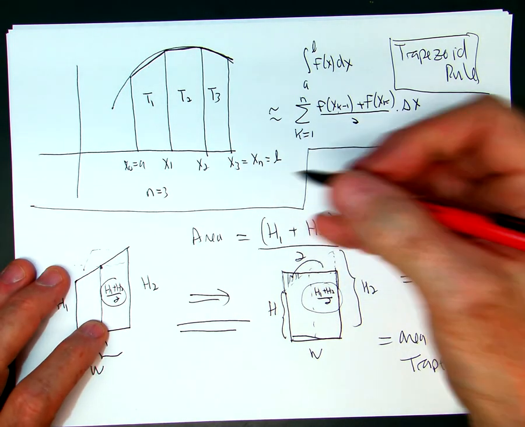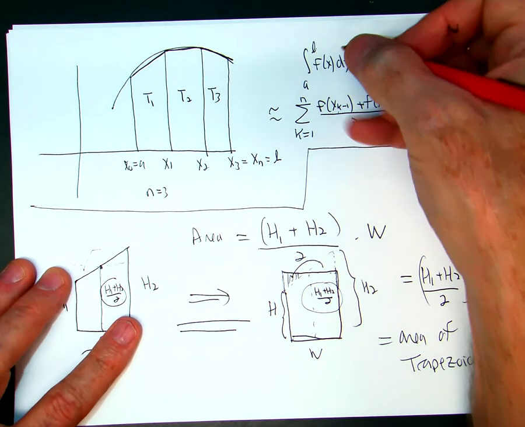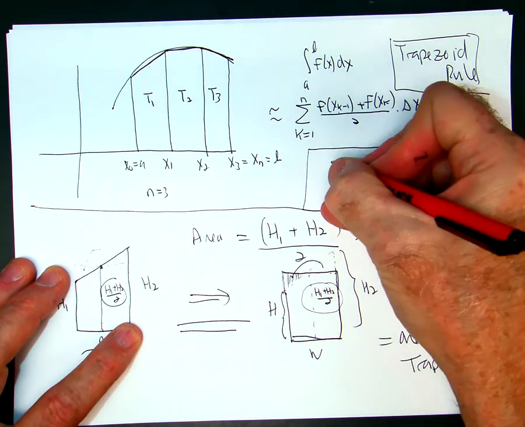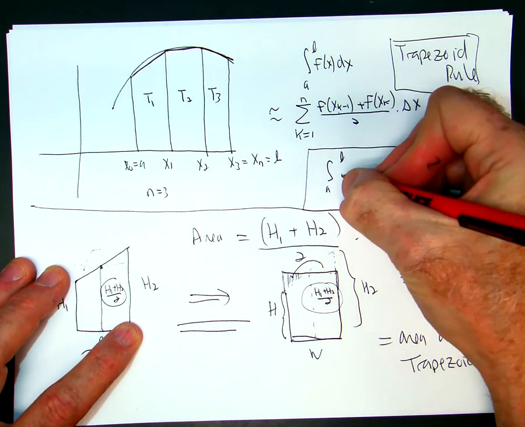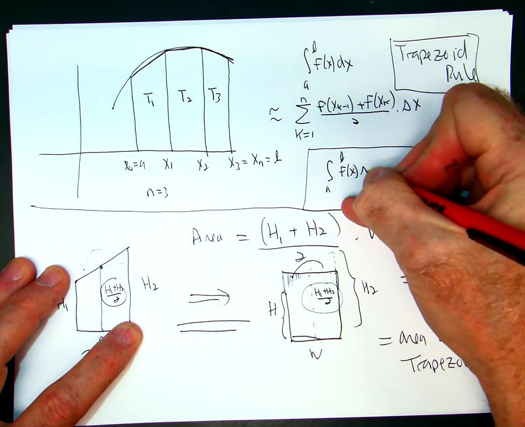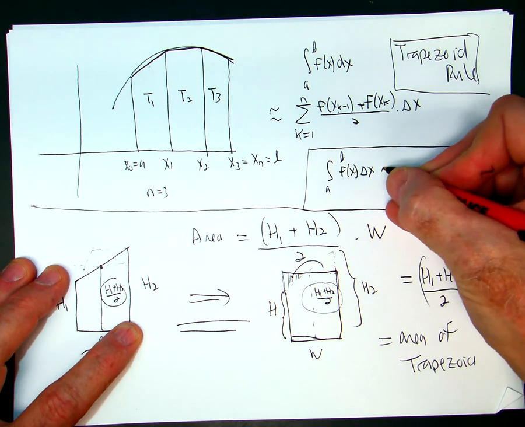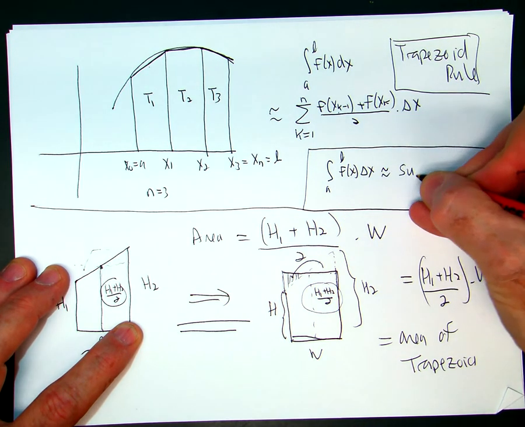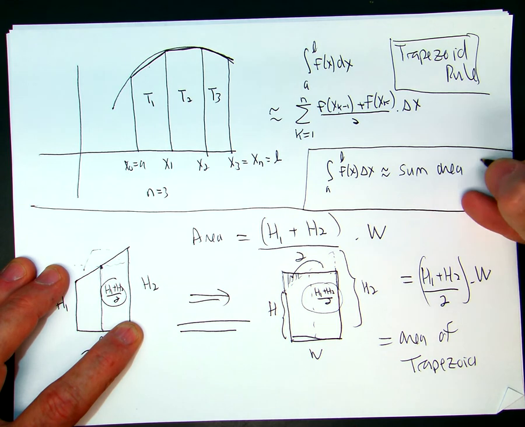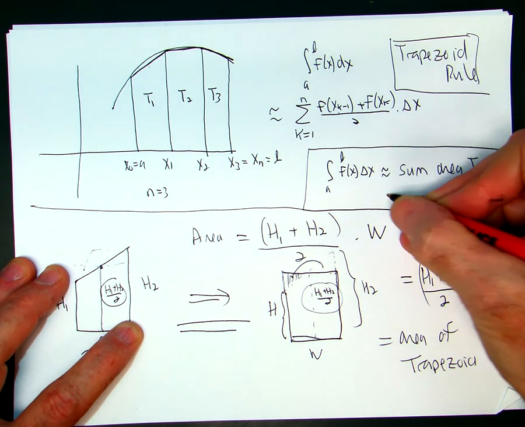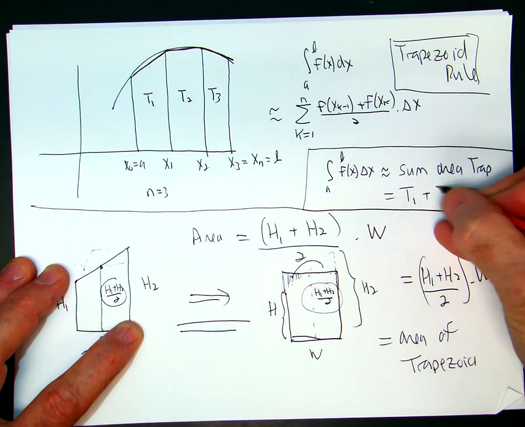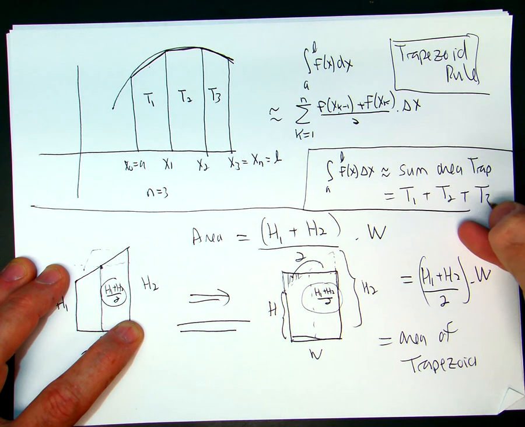And what I want to do is I'm going to say that this integral is going to be close to the sum of the areas of the trapezoids, T1 plus T2 plus T3.